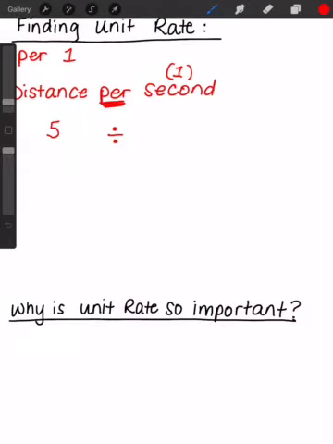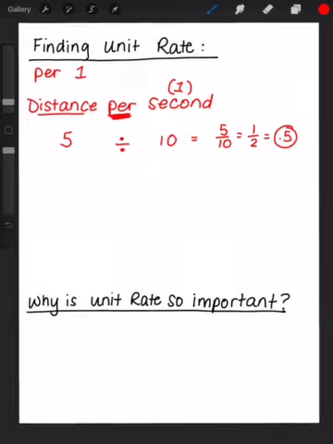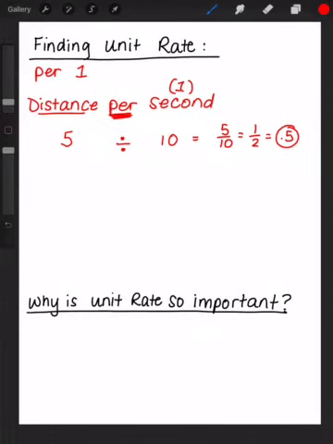I put that first because distance is first, divided by 10 seconds equals 5 over 10, 5 divided by 10, which we know equals 1/2, which equals 0.5. Okay, so my unit rate for the hamster is 0.5 centimeters per second.